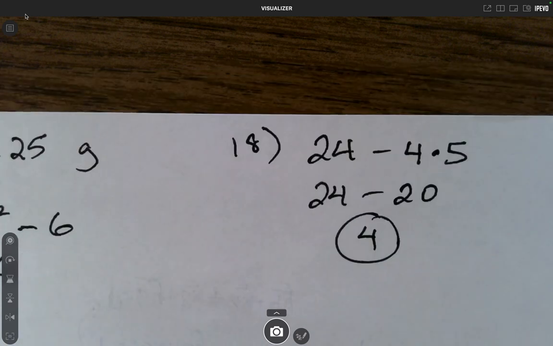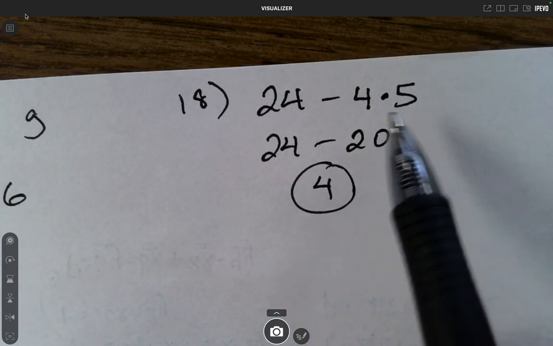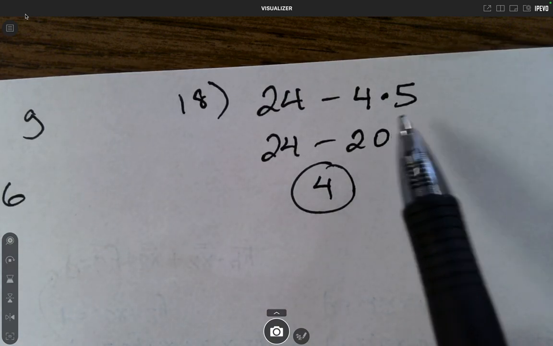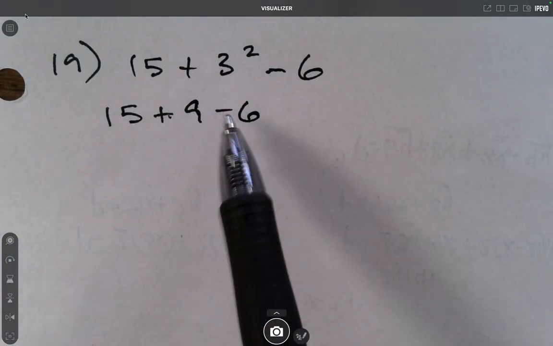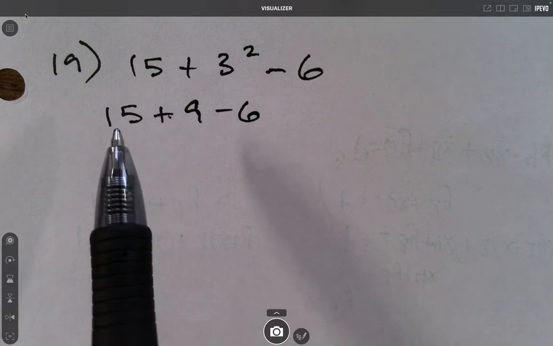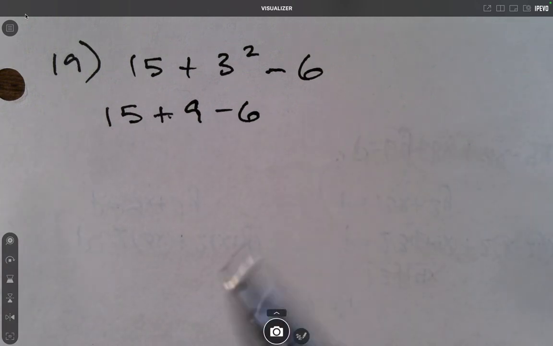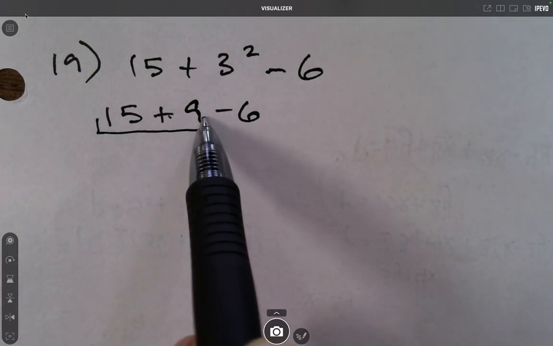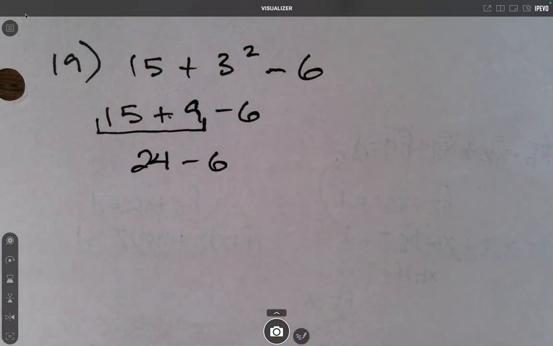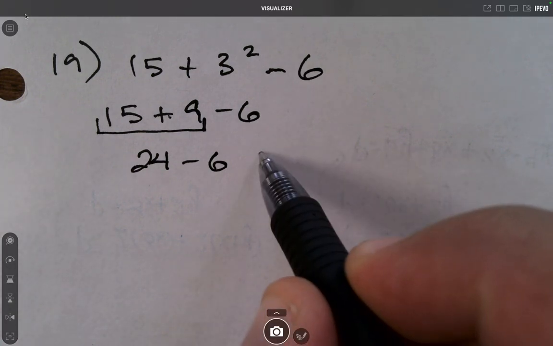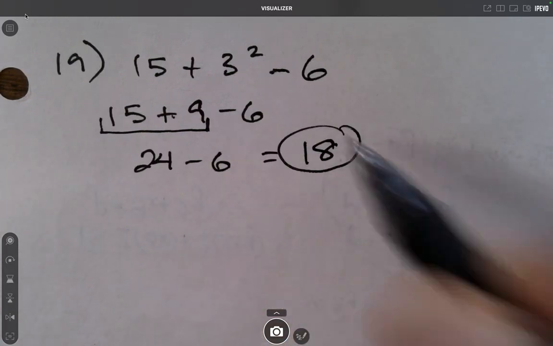That's true of multiplication and division also, but back on 18 there was only one multiplication to do, so we didn't have to think about that. But here we have an addition and a subtraction. So you've got to remember, we do it from left to right. So I start by saying, what's 15 plus 9? Well, that's 24. Then I say, 24 minus 6 is 18.